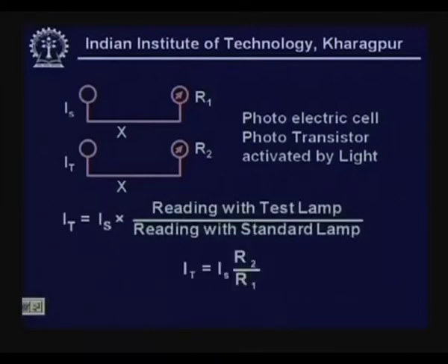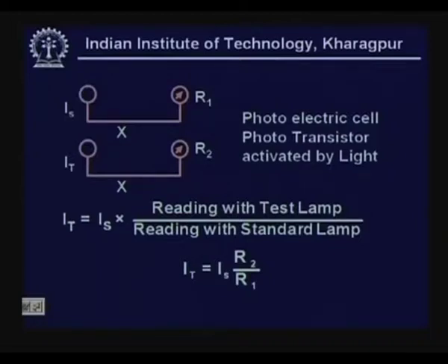Then we can relate them. You remember what are we reading in the lux meter? We are reading the illuminance. Illuminance is proportional to the luminous intensity. Recall the inverse square law. In the first case, the reading R1 is essentially Is by x squared.